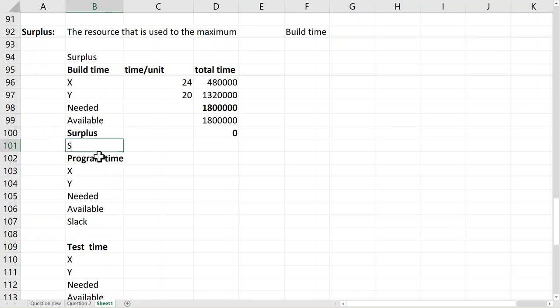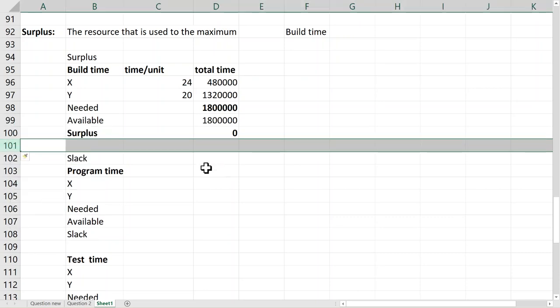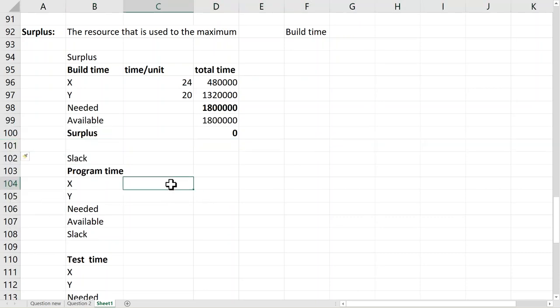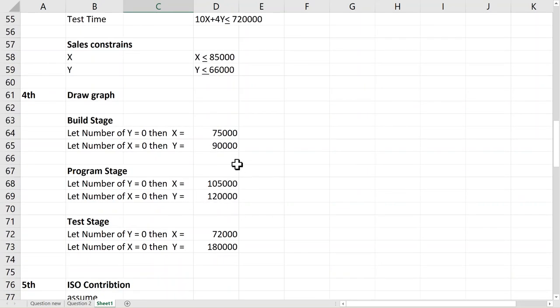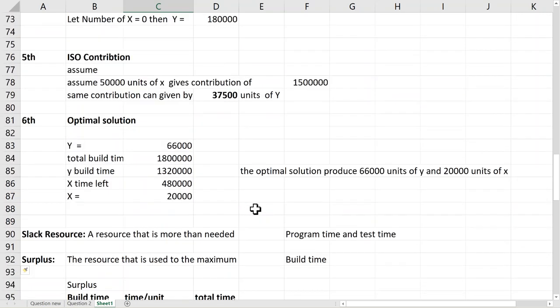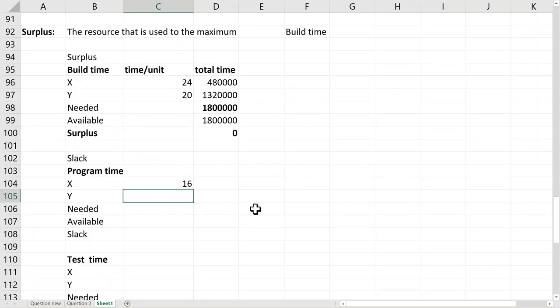And then slack resources. Program time, $16 and $14. Multiplying by units. I can just copy this and it will work. We have 1.2 million, but available is 1.6 million.